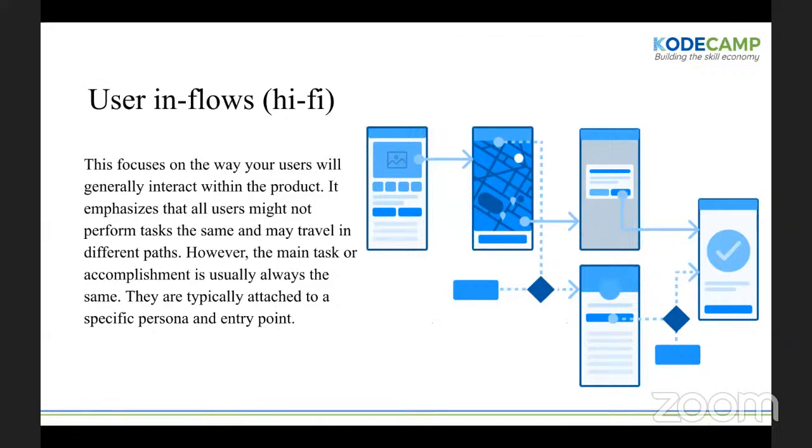We have the user inflows. This focuses on the way your users will generally interact with your product, as the case may be. It emphasizes that all users might not perform tasks the same way and may travel in different paths.